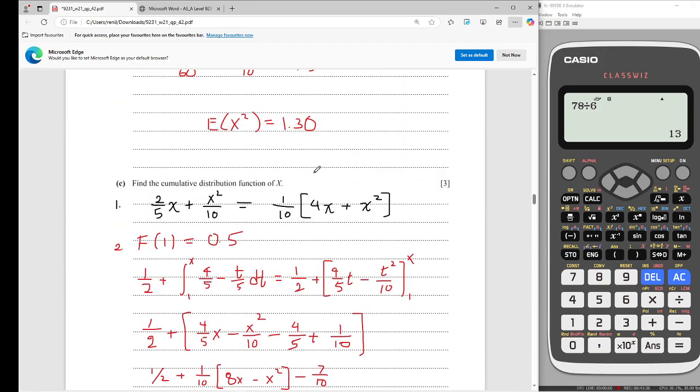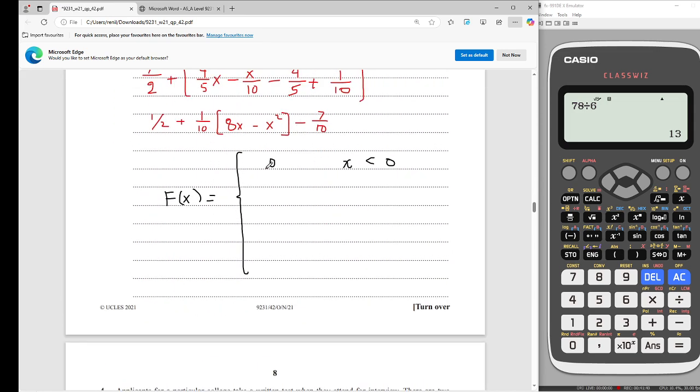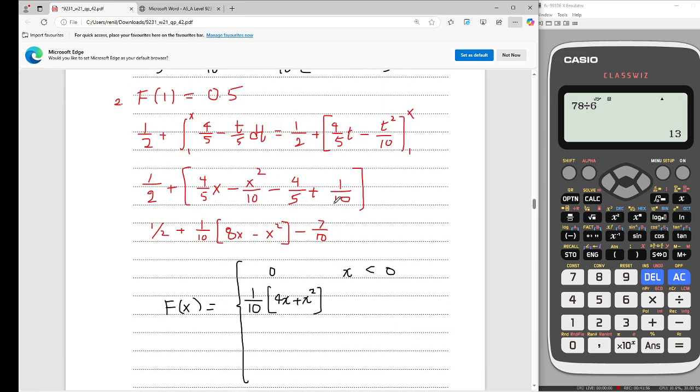Next up, we need to have the CDF of the first function, which is this right here, 1 by 10. Okay, yep, and that's it.